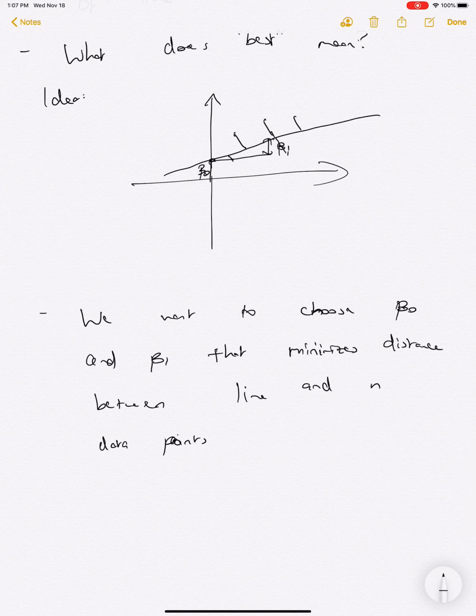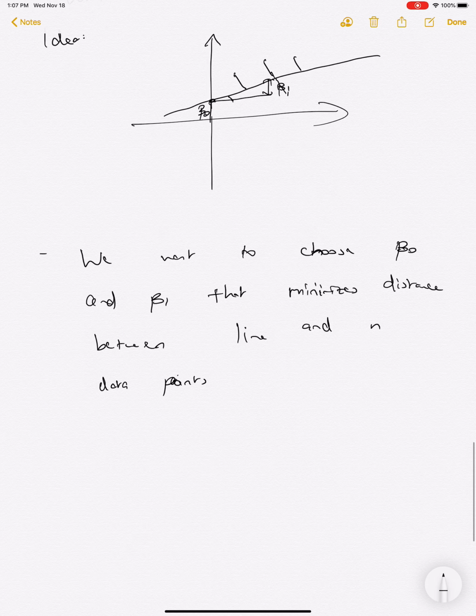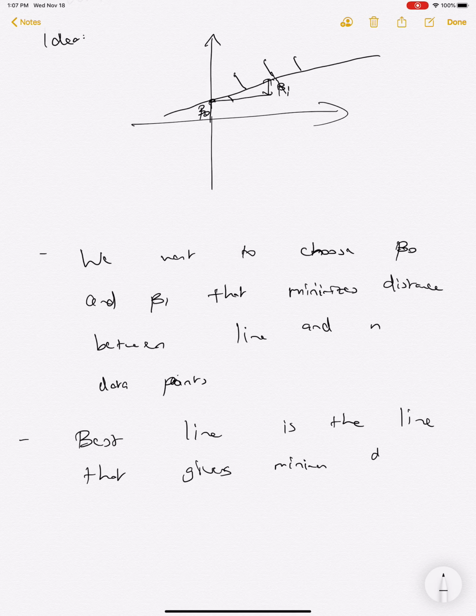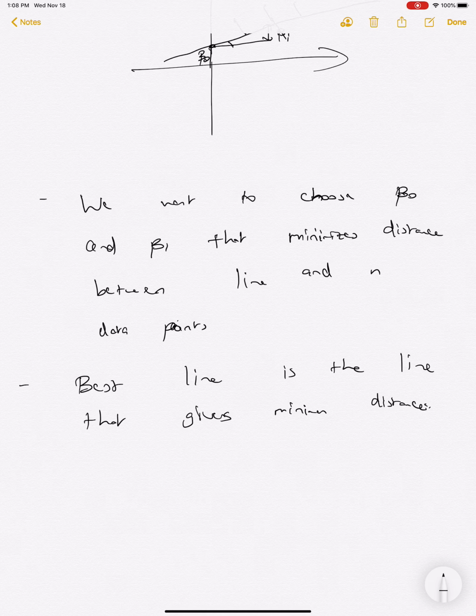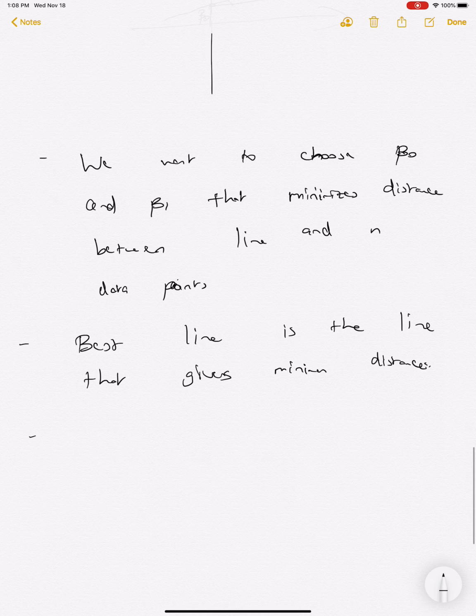The best line is the line that gives the minimum distance. The notion of distance that we use here is the Euclidean distance, and this leads to the least squares estimator.